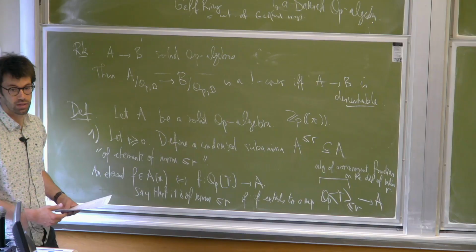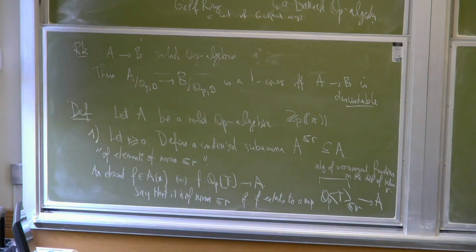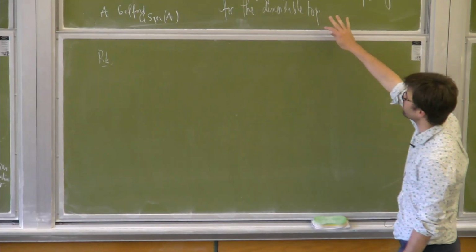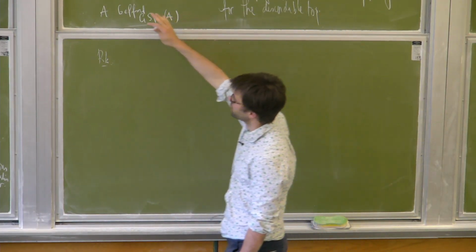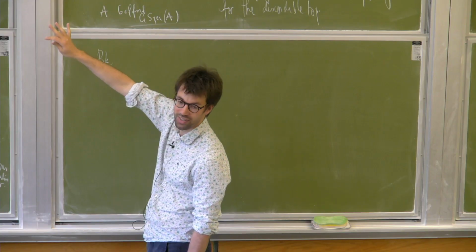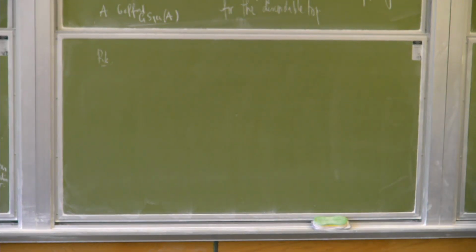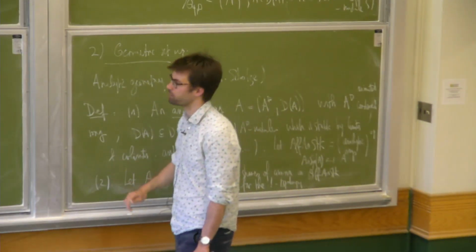Okay, so it's implicit, of course, from what you mentioned earlier, but maybe I should have made this more clear. Gelfand rings is a certain subcategory of all solid QP algebras, and then to see them as analytic rings, I always endow them with the induced analytic ring structure.